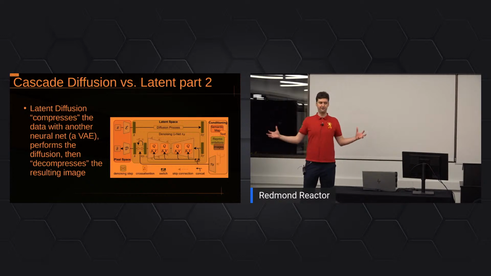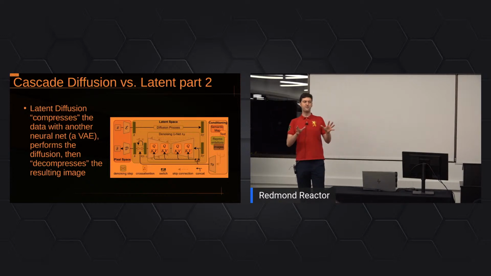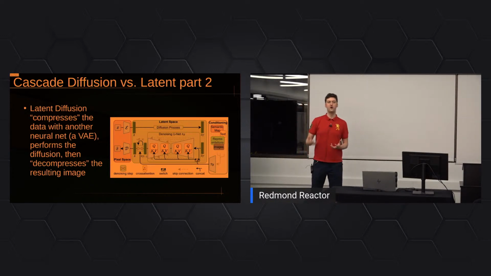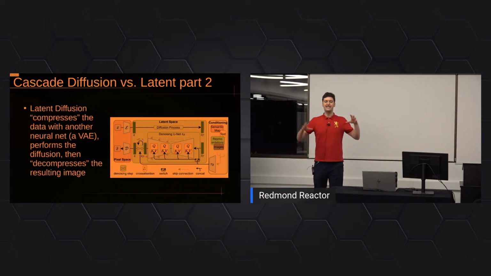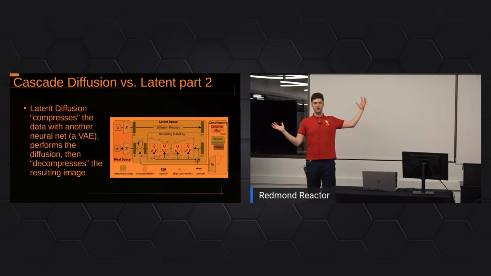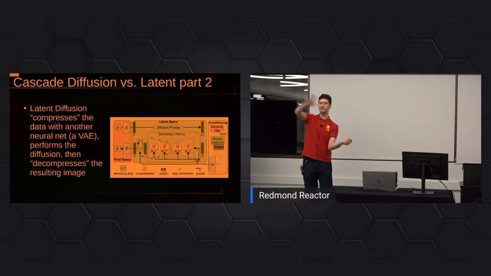that is latent diffusion. So if you remember when I discussed the variational autoencoders that essentially crush down the images into a much smaller space. What we can do is take those variational autoencoders and crush down the image, and then run the diffusing process completely in the latent space of that crushed down representation of the image.